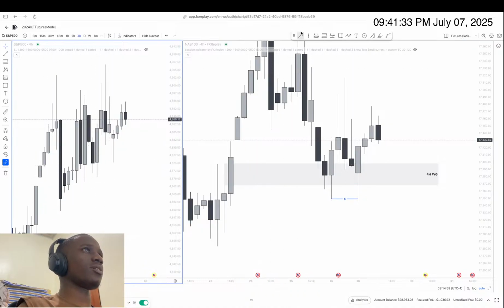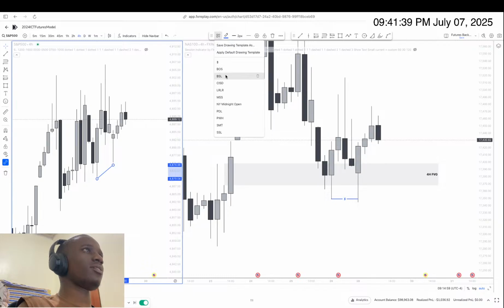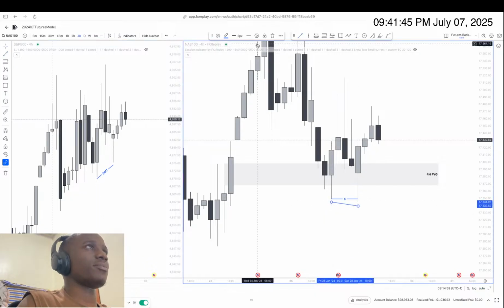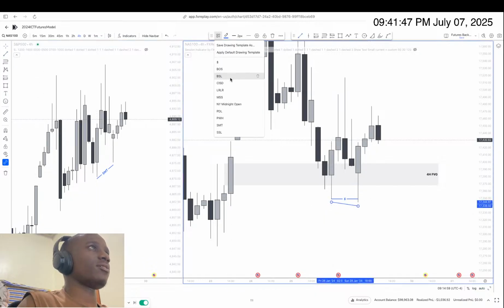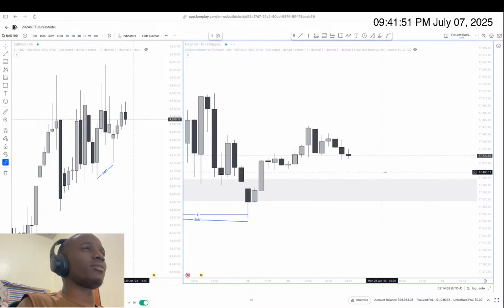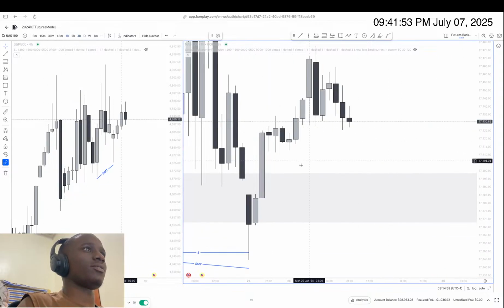You can see like there's some kind of correlation error here. We have this SMT. Well, price is fractal, very fractal. So we also have another SMT here, very nice SMT.